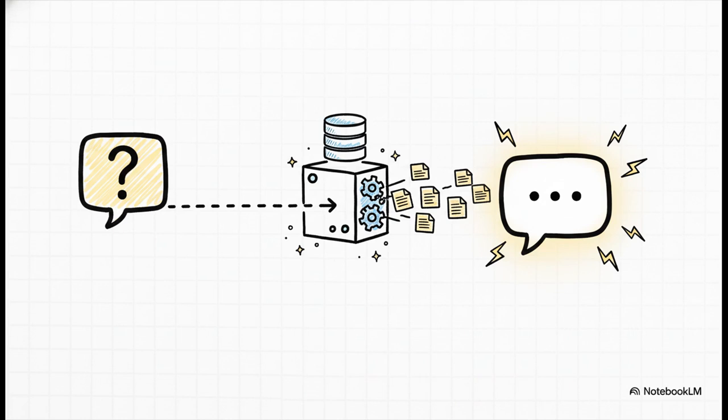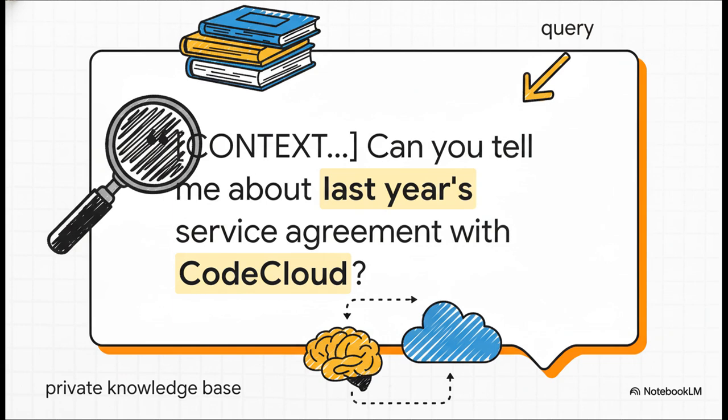Before the LLM even sees your question, RAG has already done all the heavy lifting, finding the exact paragraphs from those service agreements that are relevant. So the prompt that the LLM actually receives looks more like this. It gets the original question, sure, but it also gets a whole chunk of relevant context pulled directly from your private files. So now, the LLM isn't guessing anymore. It's been given the facts it needs to put together a precise, accurate answer.